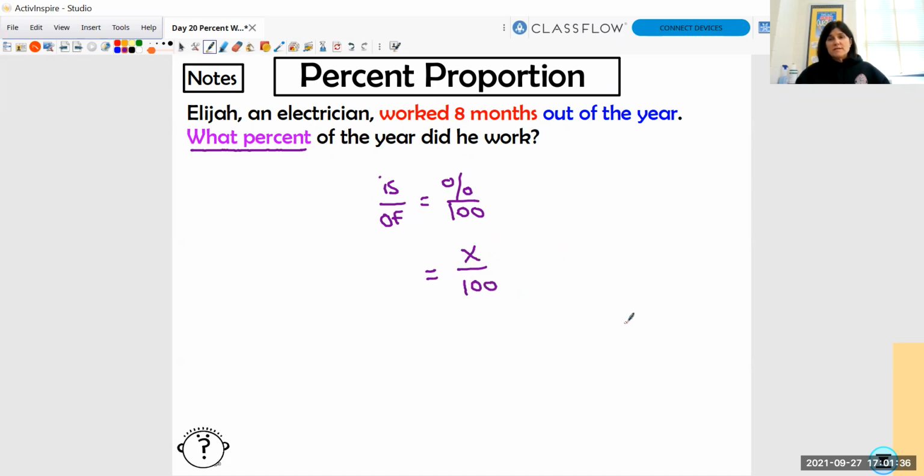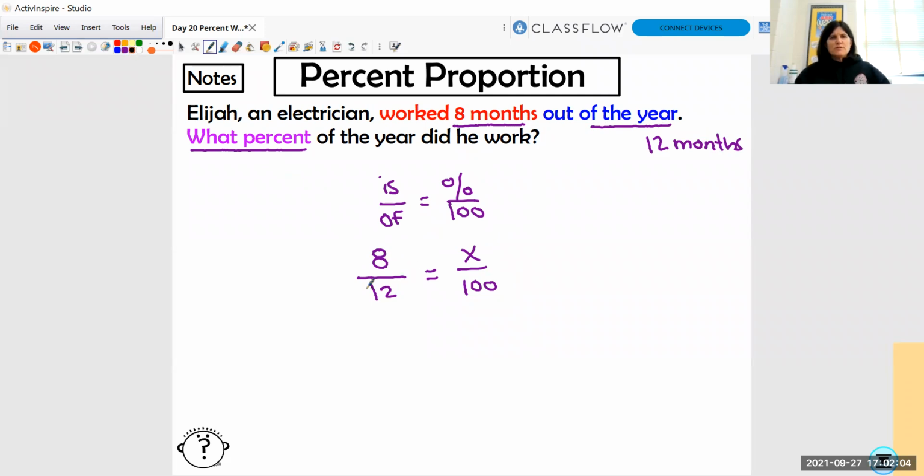They're asking me what percent, so my X is going to go in the percent part. Now, he worked 8 months out of the whole year, and the whole year is 12 months. So the whole year is my total, and the amount he worked is the 8. And so we want to find out what percent he worked if he worked 8 months.